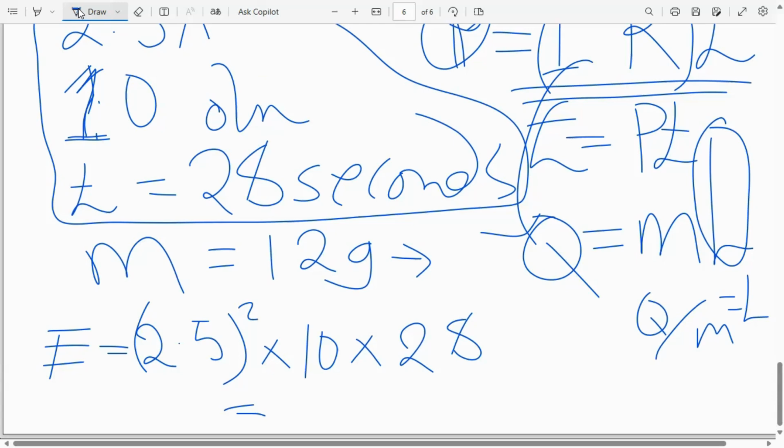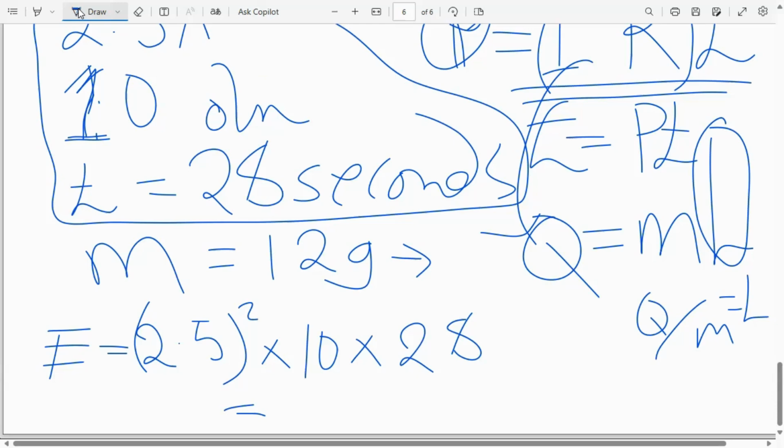Okay, let me do it again. 2.5 squared multiplied by 10 multiplied by 28 seconds.